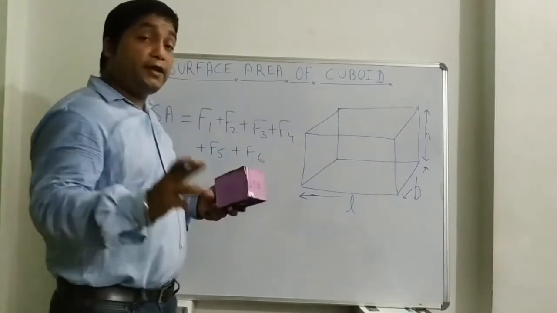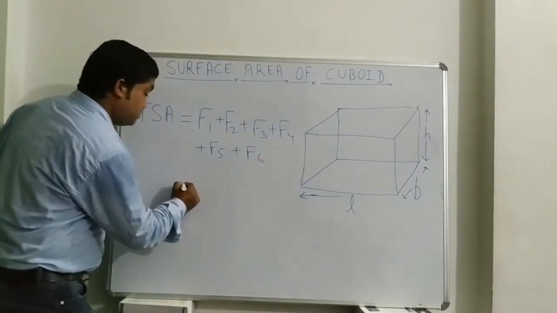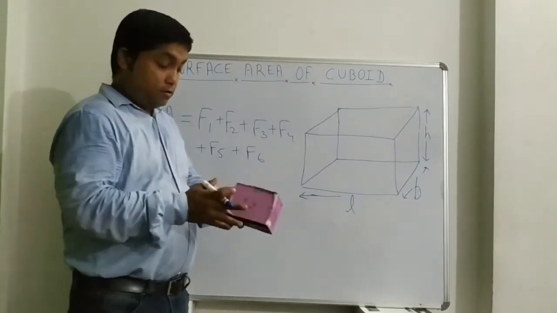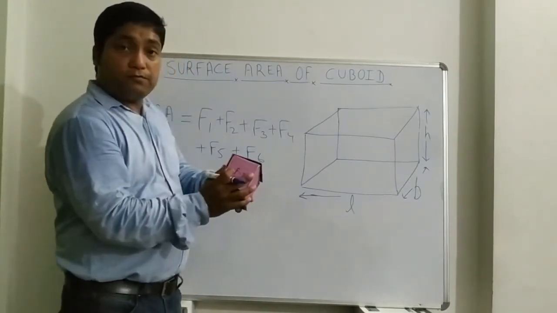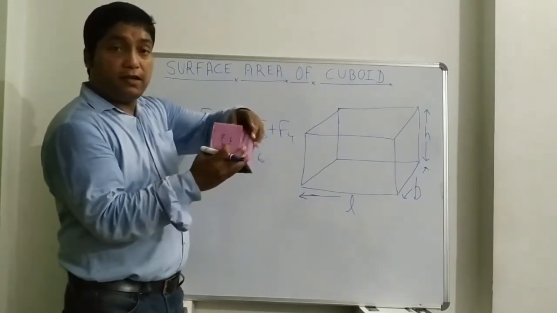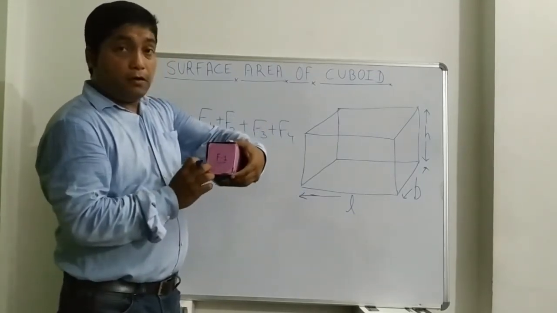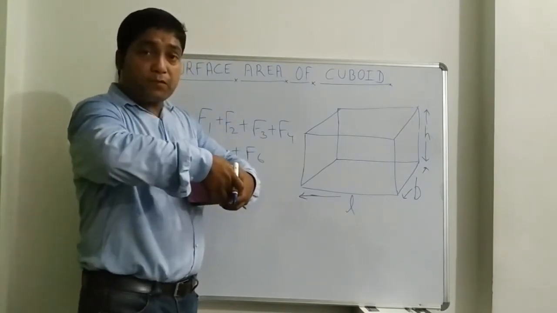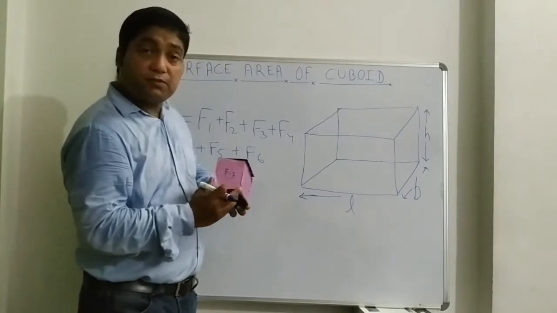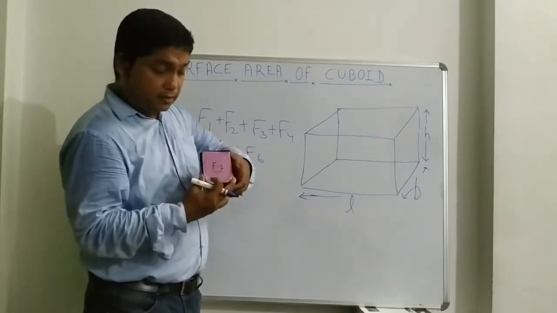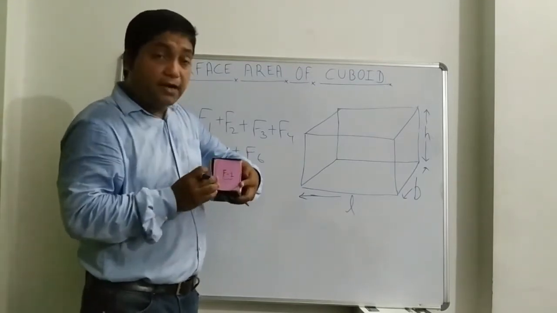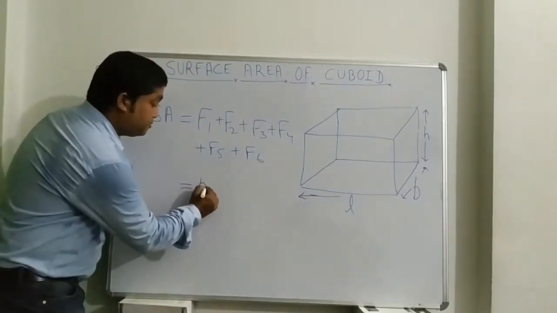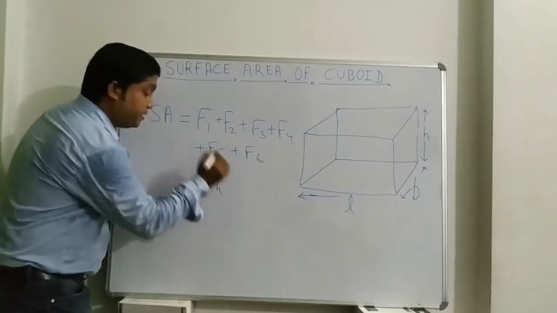If you want the area of F1, here is the F1. You already know that this one is called the length, this one is the height, and this one is the breadth. It means the area of F1 is breadth into height.